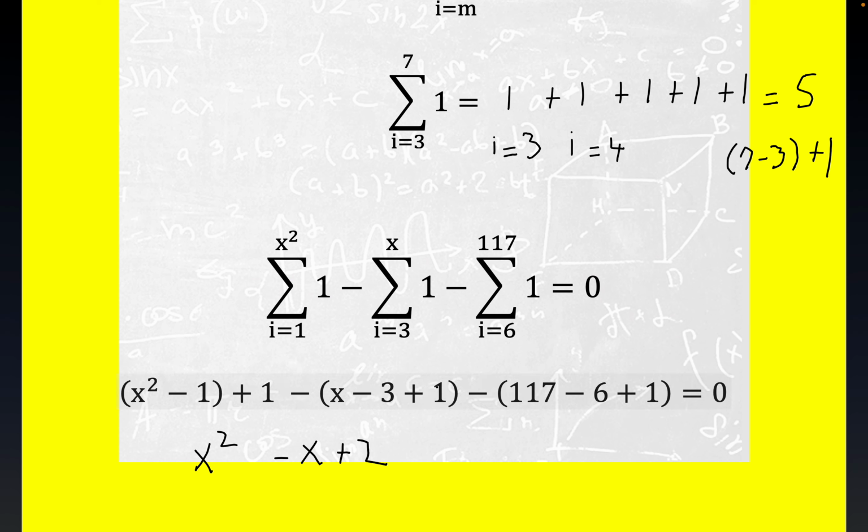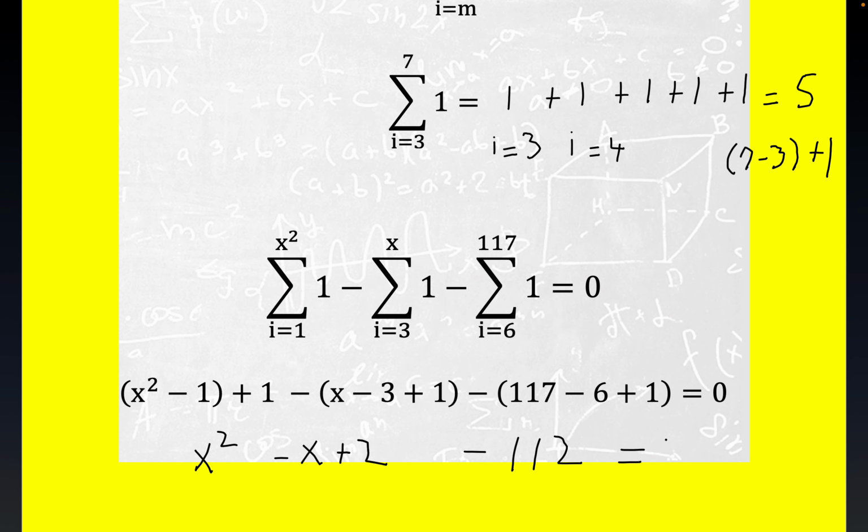If I did this right, x minus 2, then you negate that, you get minus x plus 2. Now what about right here? 111 plus 1 is 112, right? So this would be minus 112. It still equals 0. And remember, y'all, this is the problem we were asked to solve.